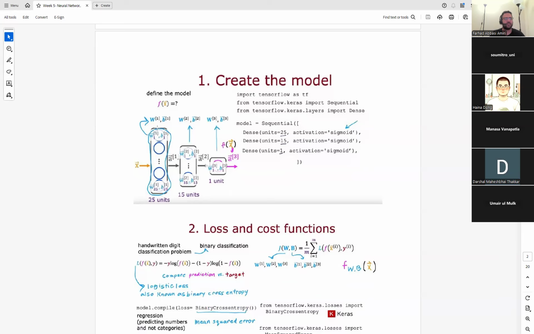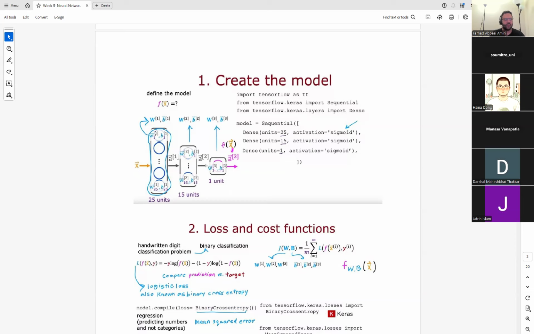For example, in the first unit we have W and B. In the second unit of the first layer, we have W and B. For the 25th unit of the first layer, we have W25 and B25. And the superscript shows the number of the layer, the index for the layer.